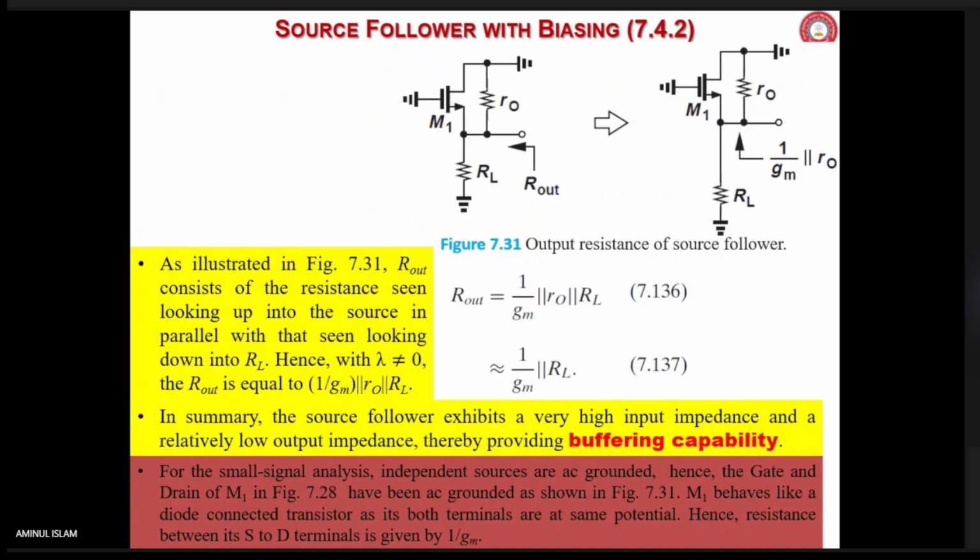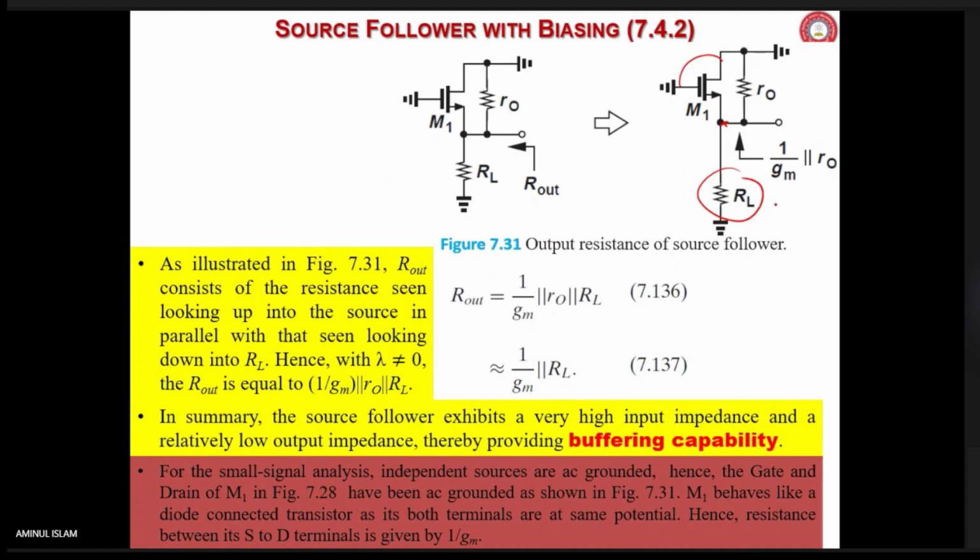Now, let us try to understand its output resistance also. Can you think of what the output resistance will be? See, RL is there, plus if you look here, the resistance is 1 upon GM parallel RO, because this is diode connected. Both terminals, drain and gate, are tied together.